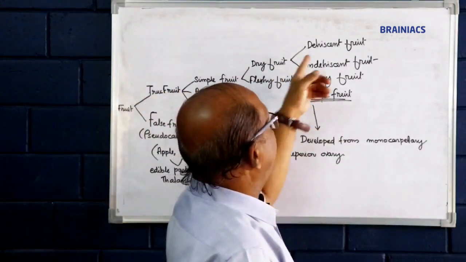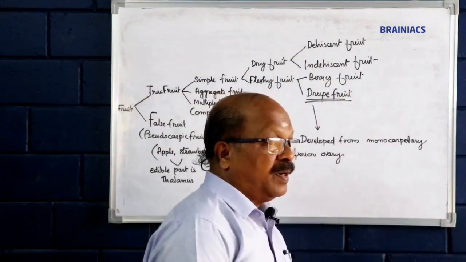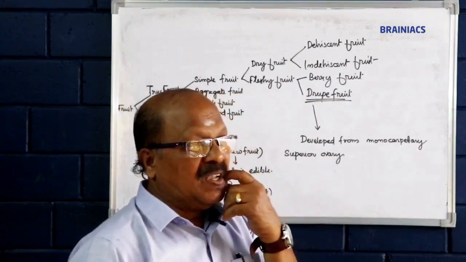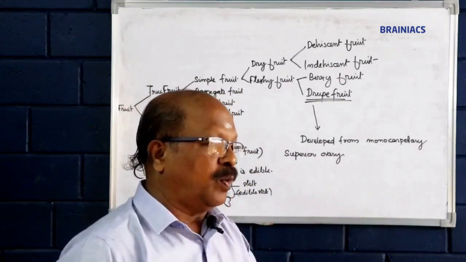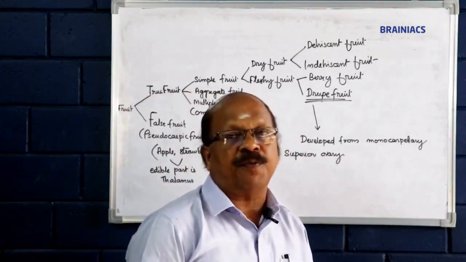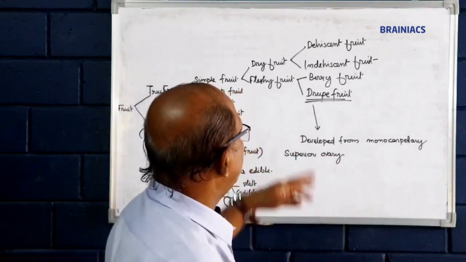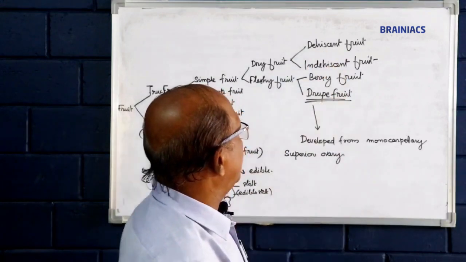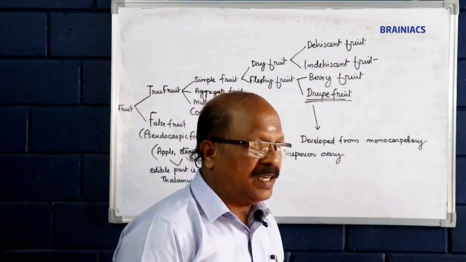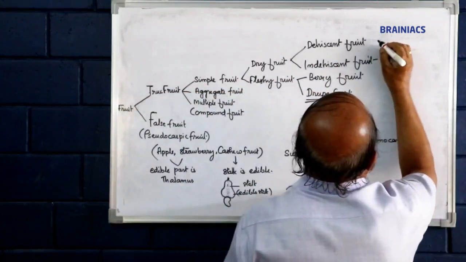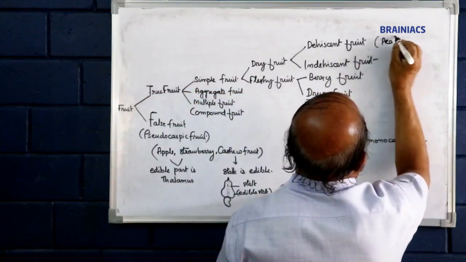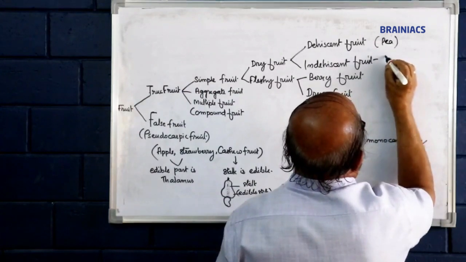Dry fruits may be dehiscent or indehiscent. The dry pericarp dehisces for the dispersal of seeds. Indehiscent, for example paddy. Dehiscent, mustard, or we can say pea.